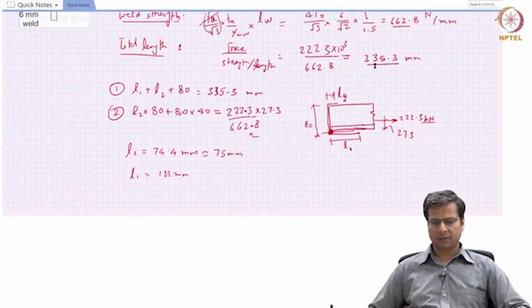So basically, now we have calculated the total weld length. Total weld length will be 335 approximately, out of which 75 will be L2, 80 will be on the side, and then 181 will be provided at the bottom.